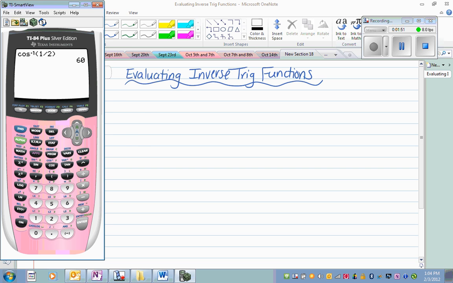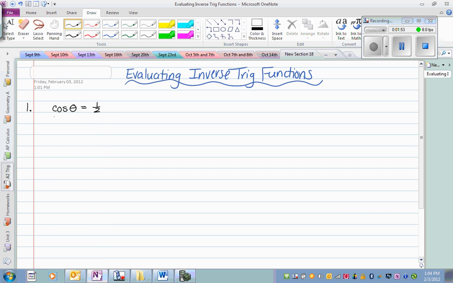In order to undo cosine to get theta alone, we do inverse cosine. What I do to one side, I do to the other side. So this gets theta alone, and I got 60.